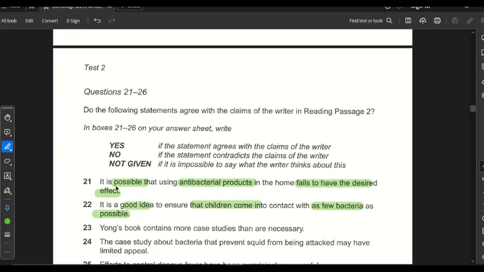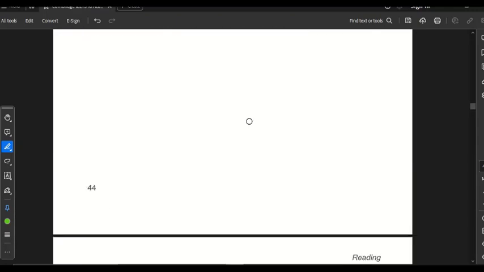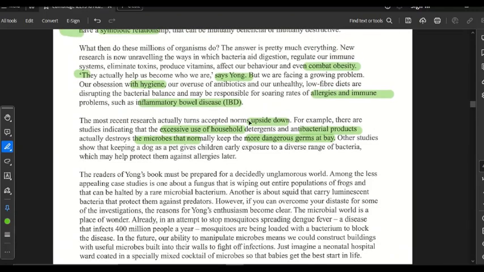So let's read again. It's possible that using antimicrobial products in the home fails to have the desired effect. Is it there, that it fails to have the desired effect? For example, there is a study that indicates this excessive use of detergents actually destroys the microbes that normally keep the more dangerous germs at bay. So, what is this sentence trying to mean?